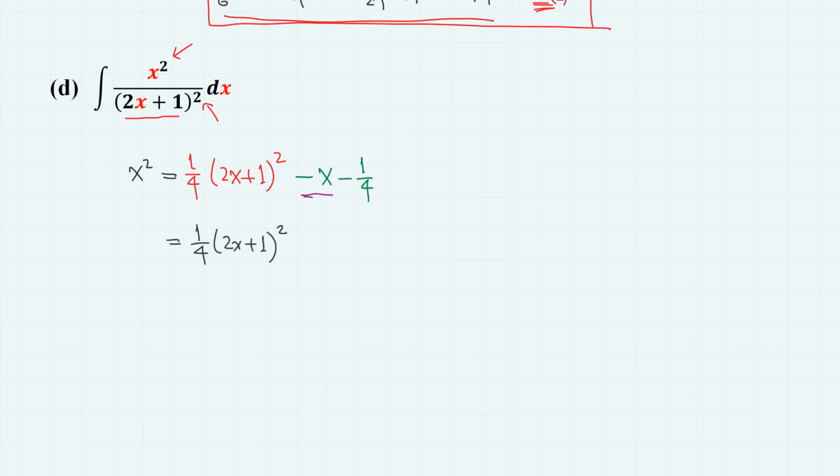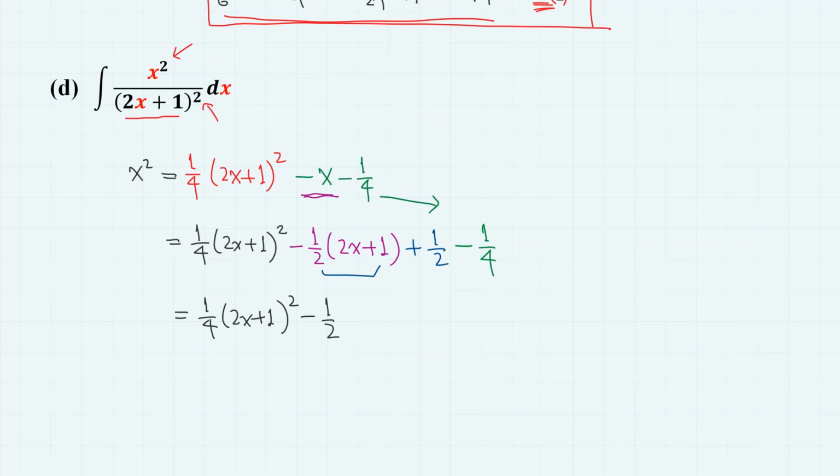Then as for this minus x, we write 2x plus 1 then multiply minus 1 over 2 here, which gives constant term minus 1 over 2, so we add 1 over 2 here. And the remaining constant term minus 1 over 4. So we have 1 over 4 (2x plus 1) squared minus 1 over 2 (2x plus 1) plus 1 over 4.